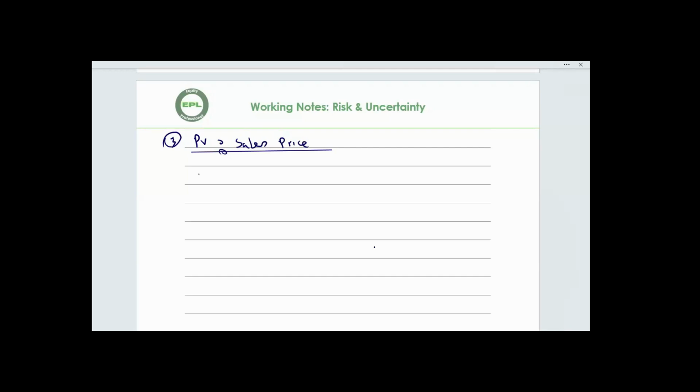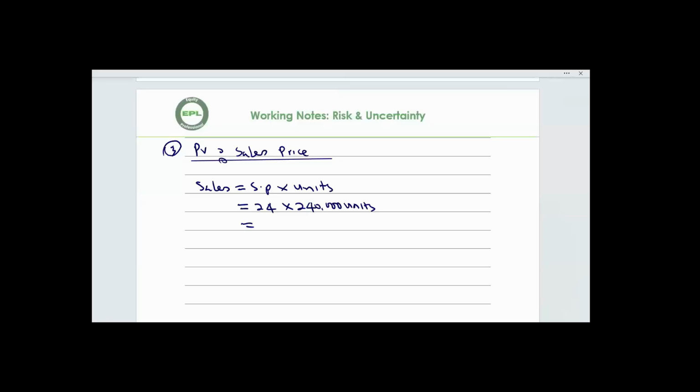Sales is equal to selling price multiplied by the units sold. Therefore, selling price is 24 naira, units is 240,000. So 24 multiplied by 240.